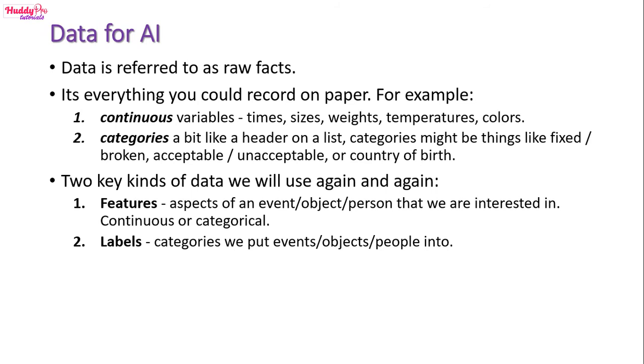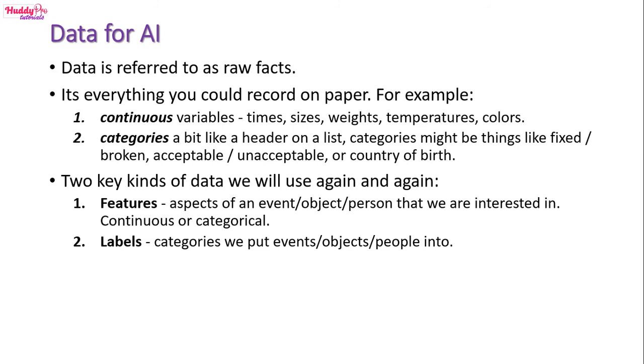Then we have labels. When you talk about labels, we are looking at categories we put events, objects, or people into. For example, we might label a cake good or bad. That's a category or a label that we are giving.